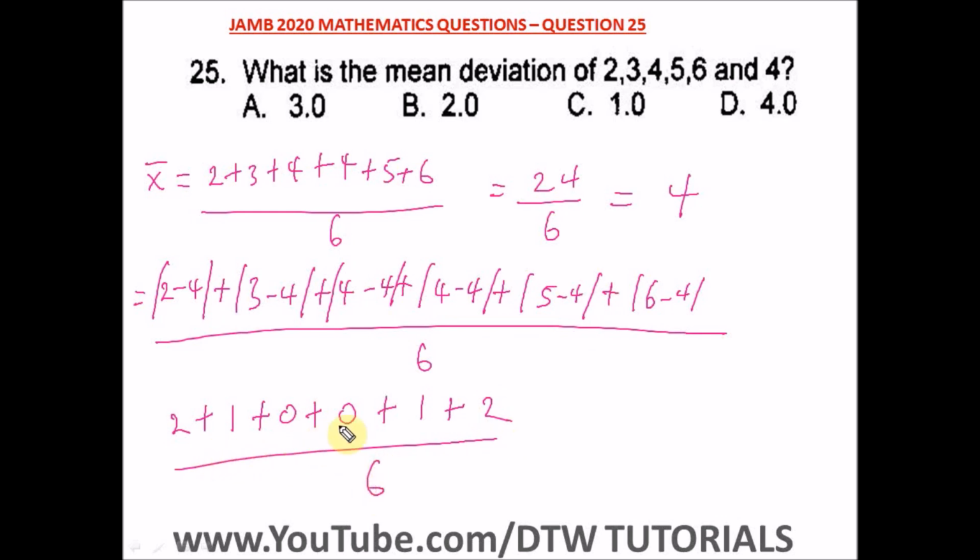So 2 plus 2 plus 0 plus 0 plus 1 plus 2 is equal to 6 over what? 6. So our mean deviation here is equal to 1. So that is our answer.